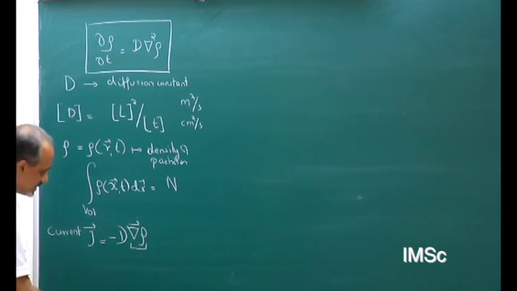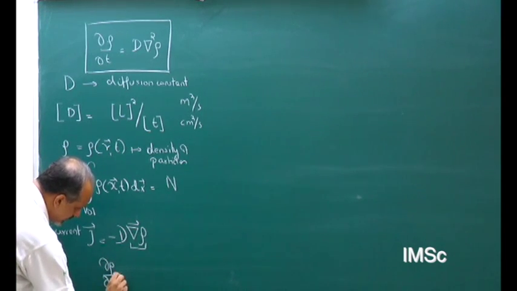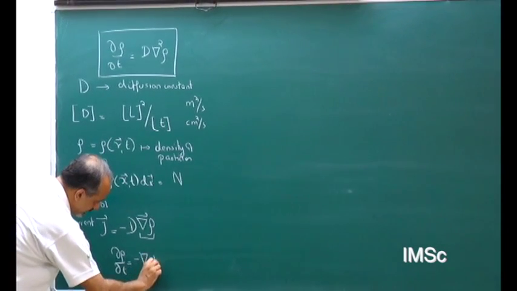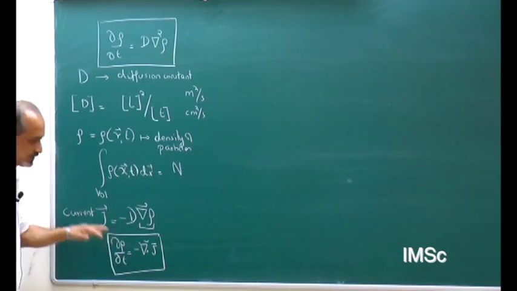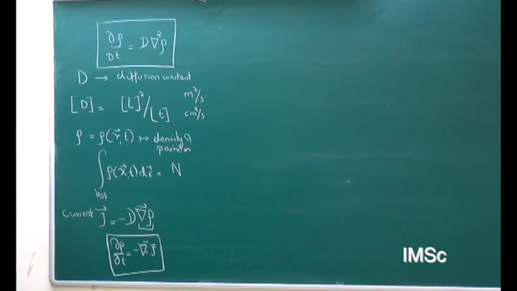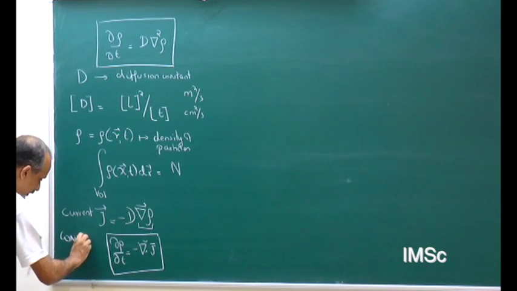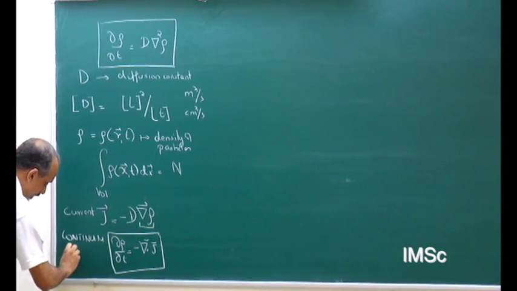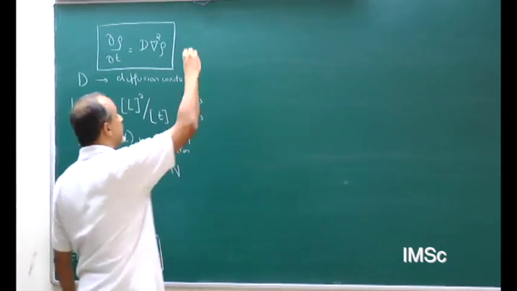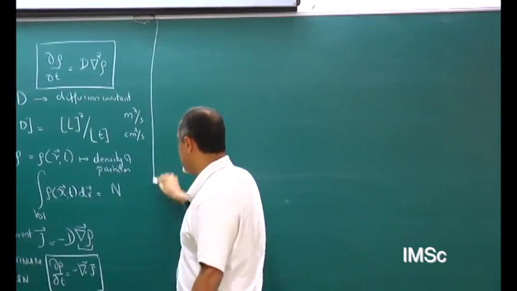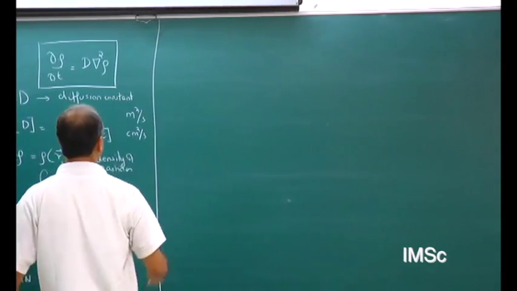And with this definition of j, we have ∂ρ/∂t is minus ∇·j. And there is a special significance to writing this equation in this particular form. This, as I said, is called a continuity equation. And this reflects the fact that particle number is locally conserved. That's what this relationship actually says.